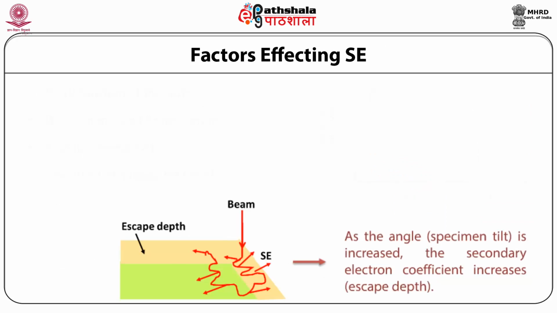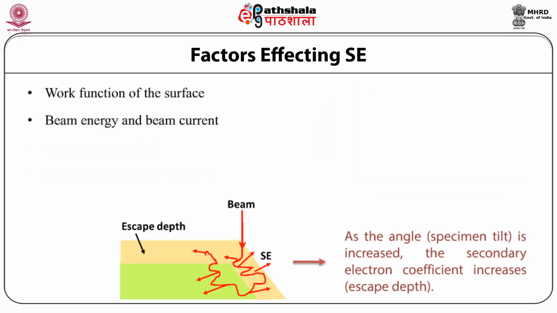The factors affecting the secondary electron emission. The first one affecting SE emission is the work function of the surface. The second is the beam energy and beam current. The secondary electron coefficient increases as the beam energy is lowered.